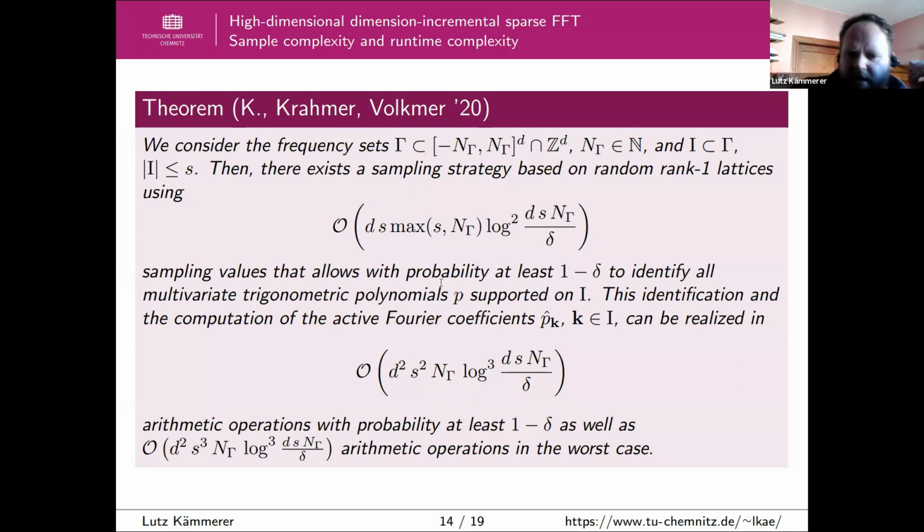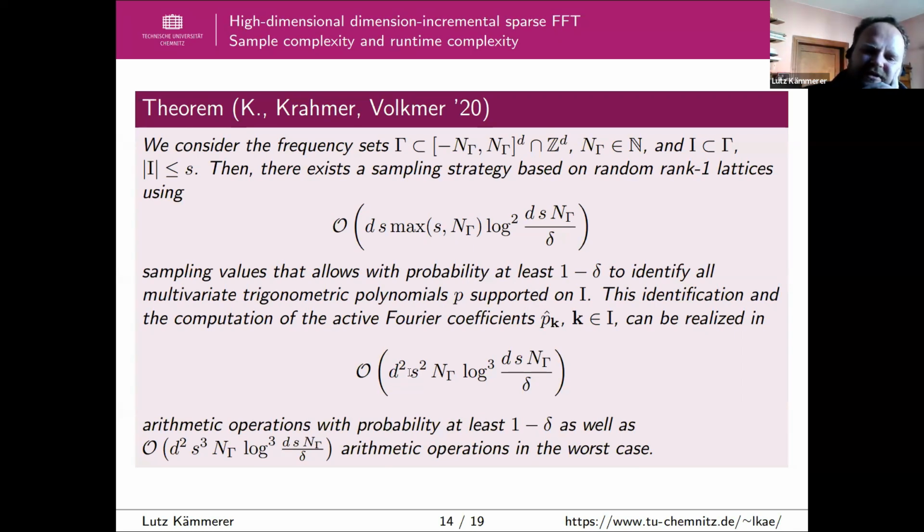Okay. And with this number of sampling values, you can use this dimension incremental approach in order to identify all trigonometric polynomials with support I with high probability if this delta is small, and the corresponding identification. And that's the point, it can be computed with a complexity which is rather small, I would say.